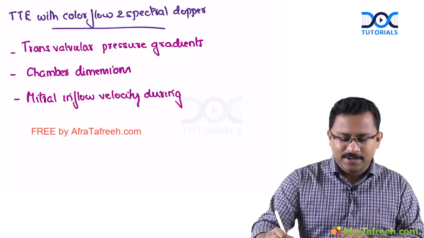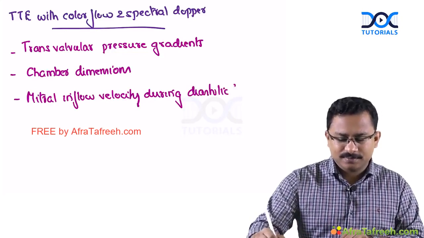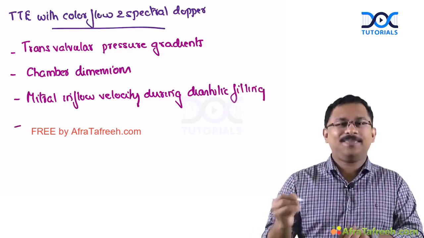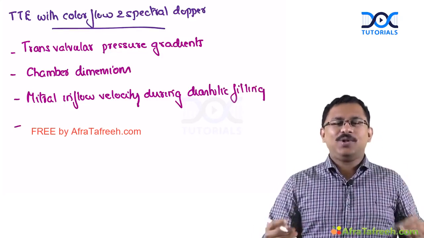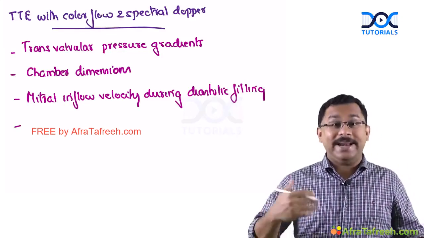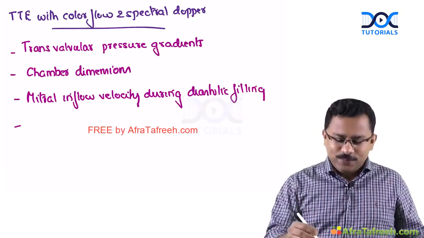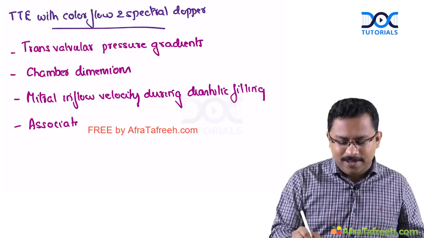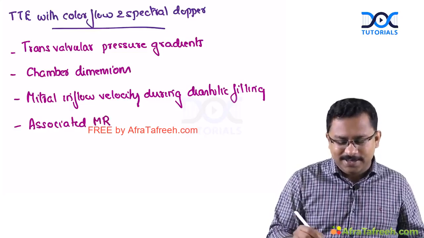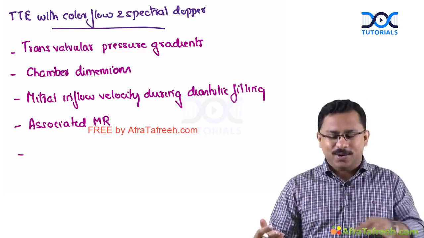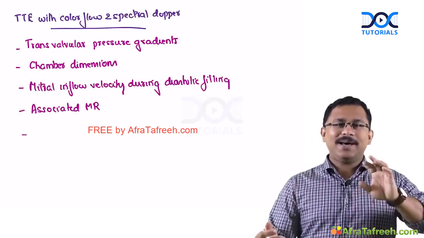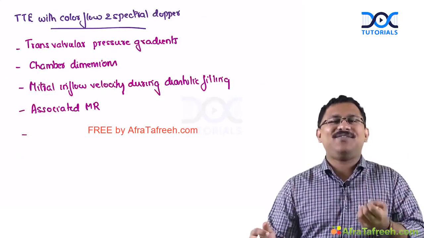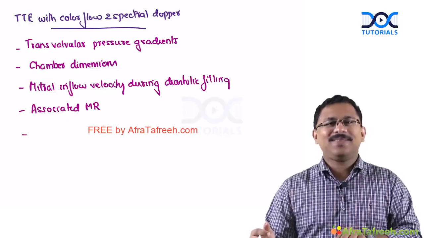And I told you the patient can go on to develop additional valvular lesions. So you can do an echo to find out whether there is any associated mitral regurgitation. If the MR is prominent, you will definitely have clinical evidence also.